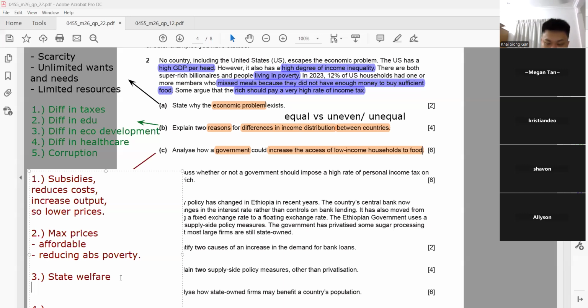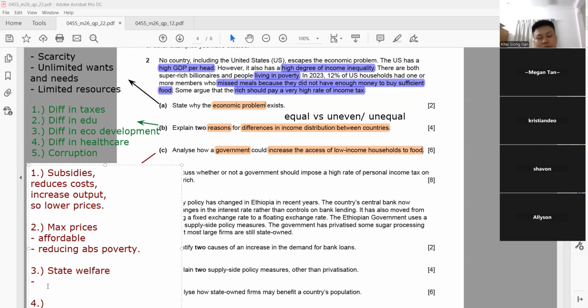Roughly, they can give some financial grants for the poor, right? So welfare as in like what? Maybe state benefits or unemployment benefits, okay, that help the low income people to get the necessities. So instead of writing education, you talk about state benefits or unemployment benefits.